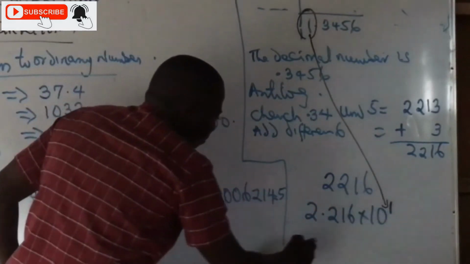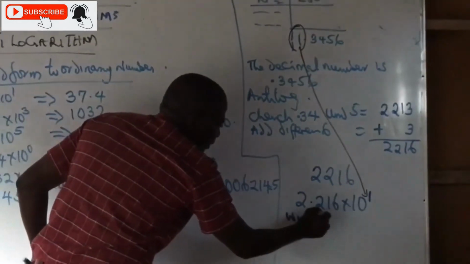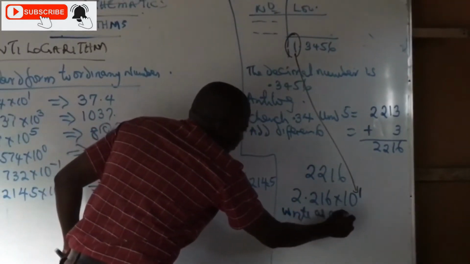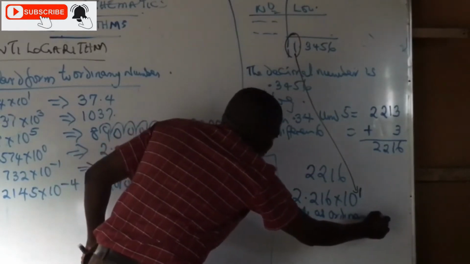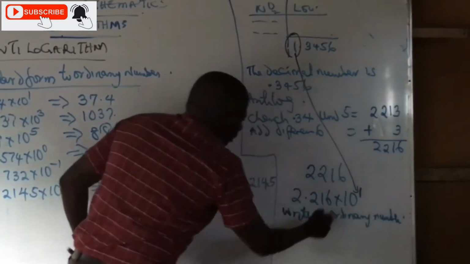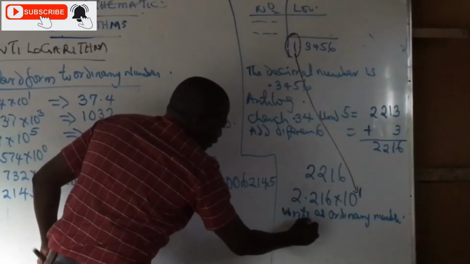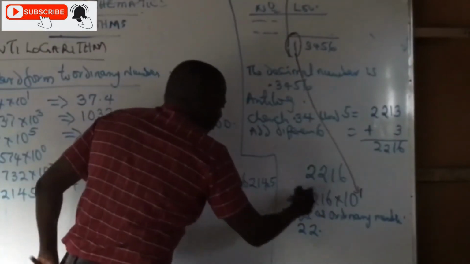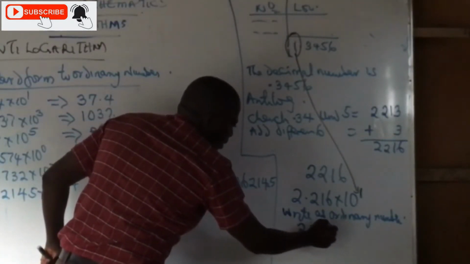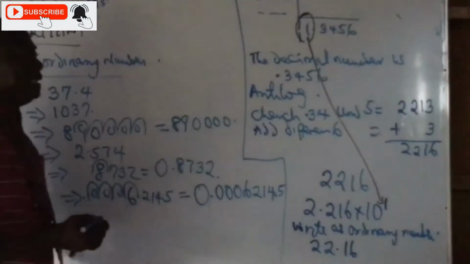Then this one will now be written as an ordinary number. Power 1 means the decimal point will be shifted forward by 1, giving 22.16. That will now be the answer.